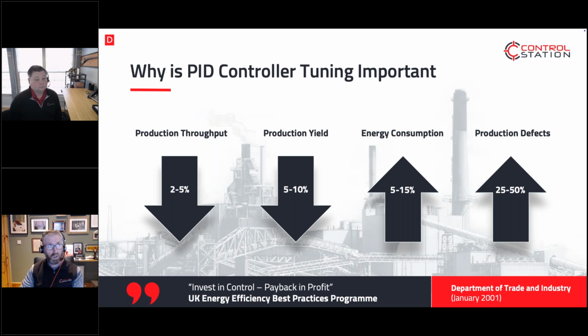If you think of your energy consumption on a site, PIDs are the users of that energy. They're the ones making the decisions as to how that energy is going to be used: hot and cold water, steam, electrical power on motors. If you can take 1 to 5% of those numbers, 1 to 5% is 5 to 15. They are easily achievable numbers.